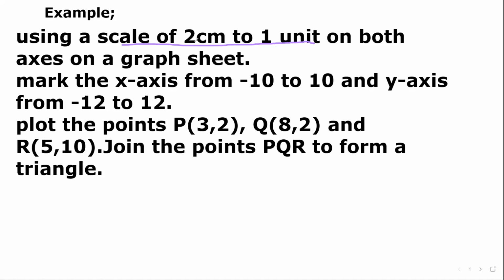So using a scale of 2 centimeters to 1 unit means when you move from the origin, the distance to the next unit will be 2 centimeters. So you measure the 2 centimeters, from a deep line to a deep line, that will be the 2 centimeters. But the 1 unit will be 1, 2, 3, 4. That is the difference of 1, 1, 1. Or in a counting form, 1, 2, 3, 4, 5, up to that.